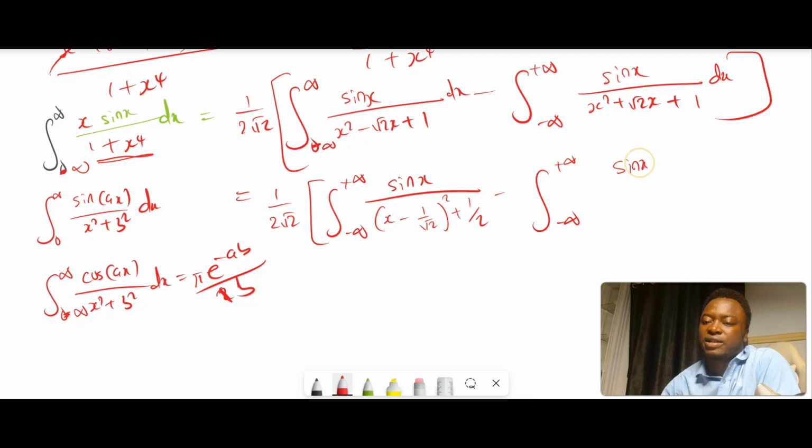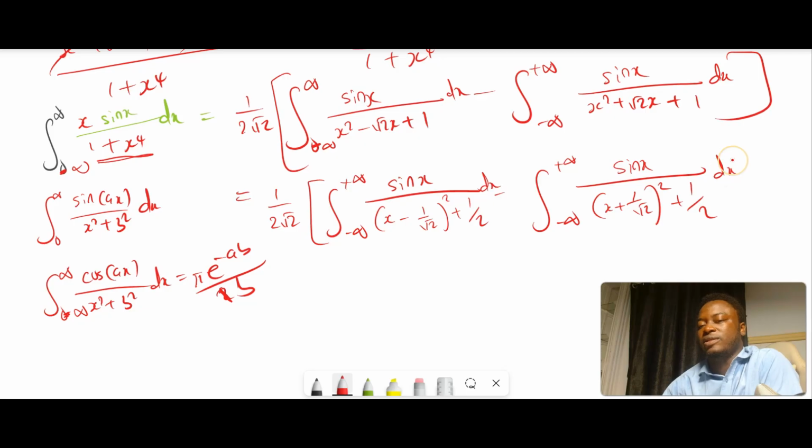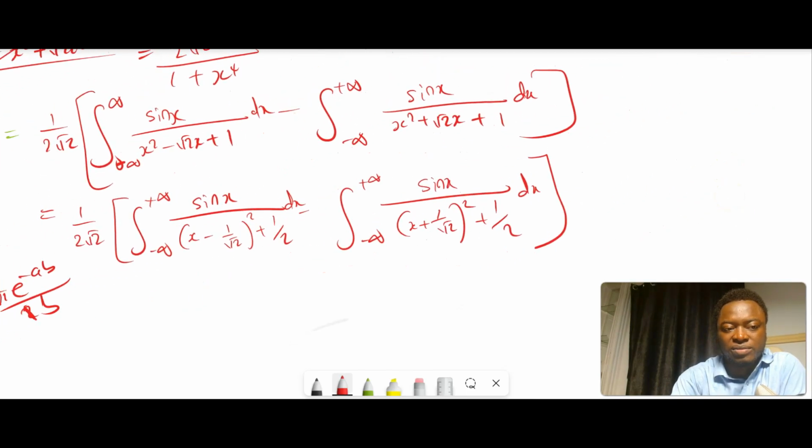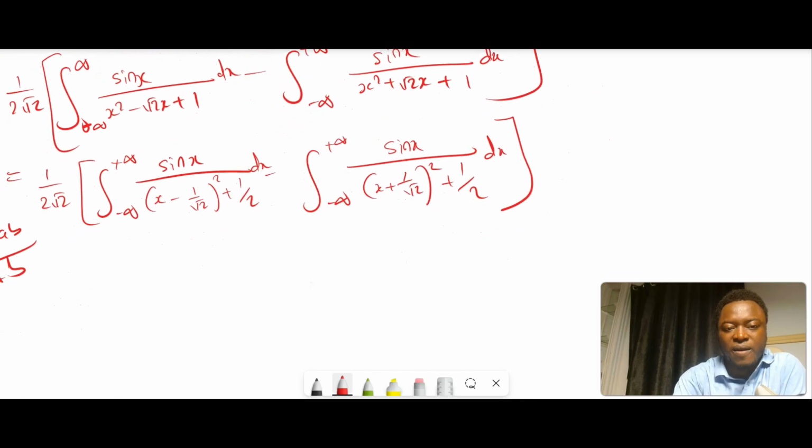Still sine of x, but now you would have x plus 1/square root of 2 all squared plus half. So again dx and your dx here.